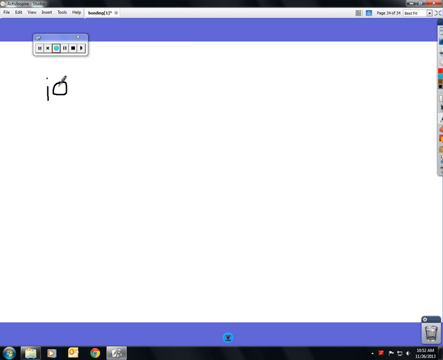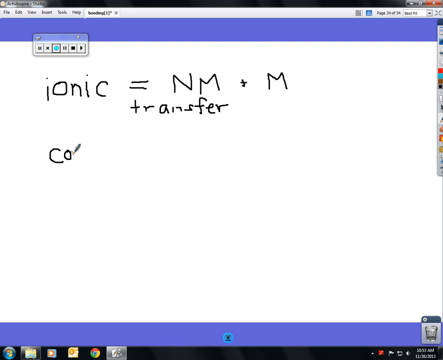So one more time. Ionic, again I'm trying to write with a mouse here, is a nonmetal bonding with a metal, and they transfer electrons. This looks horrible. Okay, covalent, I'm just going to put COVAL for short, is when it is a nonmetal and a nonmetal, and they share electrons.